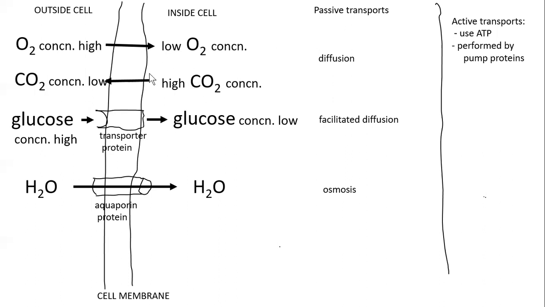Carbon dioxide concentration inside a living cell is high because this waste product keeps building up. If the plasma membrane is not going to cooperate, then this cell is going to die very shortly of oxygen deficiency and the buildup of this waste product. Outside the cell, oxygen concentration is high because mitochondria are not using it, and carbon dioxide concentration is low because mitochondria are not making any outside the cell.